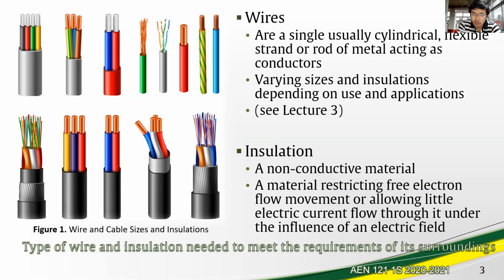It allows only a little current flow and a little electrical field. So it doesn't necessarily mean that the magnetic field is eliminated, because we know electricity has an electromagnetic form.